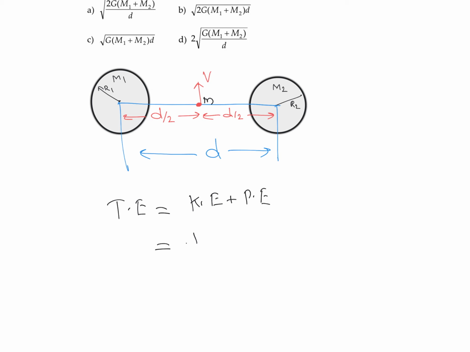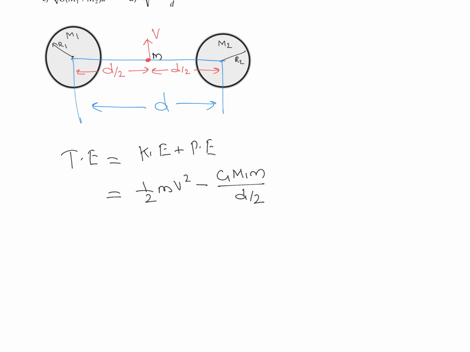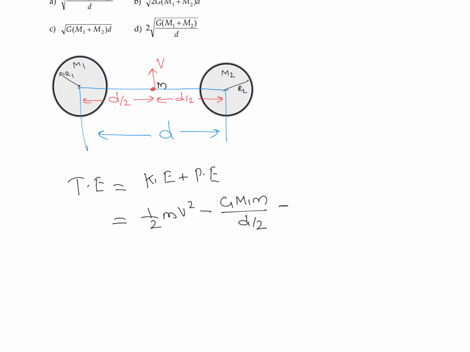Its kinetic energy is half m v square, plus the potential energy due to m1 and m, which is G m1 m divided by the distance between them, d by 2. Similarly, the potential energy between m2 and m is G m2 m divided by d by 2. This total should be equal to 0.